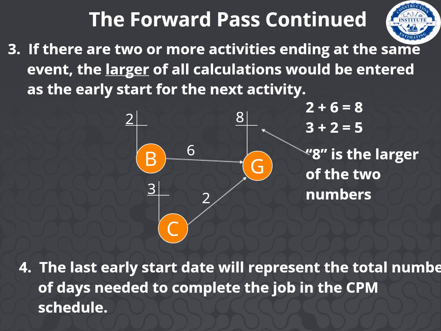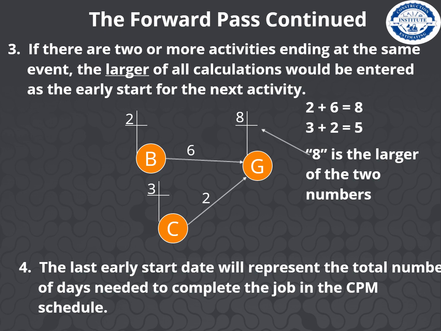We're going to add 6 to that, and we get 8. But notice there is another arrow also coming into G. We see CG. At C, the early start date is 3, and if we add the 2 for that next activity, CG, we get 5. We always choose the larger because both activities have to be complete before you can move on.